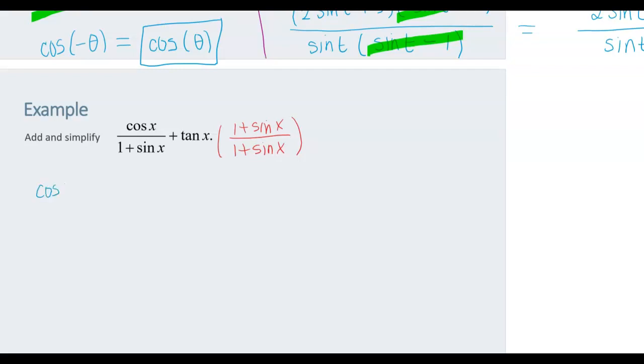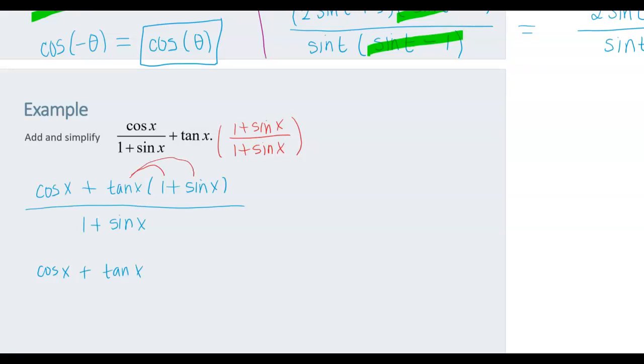So cosine of x plus tangent of x times 1 plus sine of x over, they both have the same denominator now, so I can combine them. So cosine x plus tangent x. What I'm doing right now is I'm going to distribute this tangent of x to both of these terms.